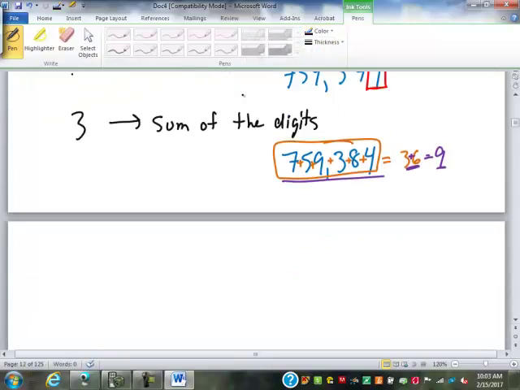There is a divisibility rule for 4, but it's not terribly useful, and it's not really important. If something's divisible by 4, you can just divide it by 2 twice, and you've divided out a 4. The divisibility rule for 4 is the last 2 digits.